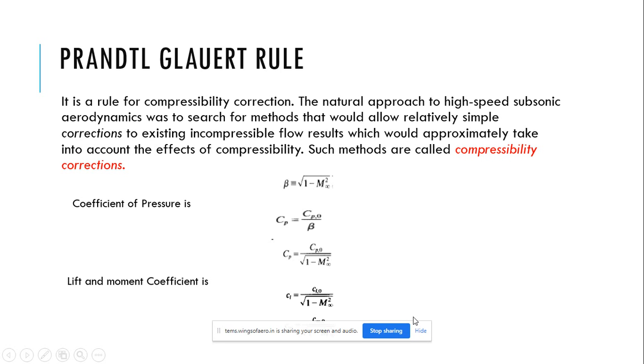Yes, sir. So have you noted down these four formulas? Students? Yes, sir.